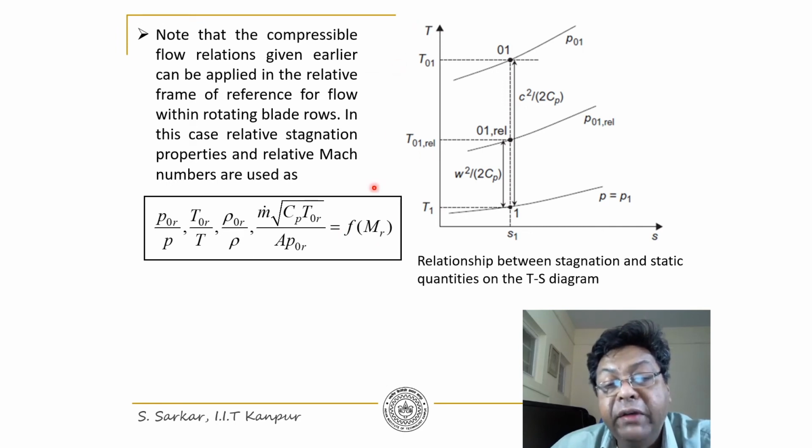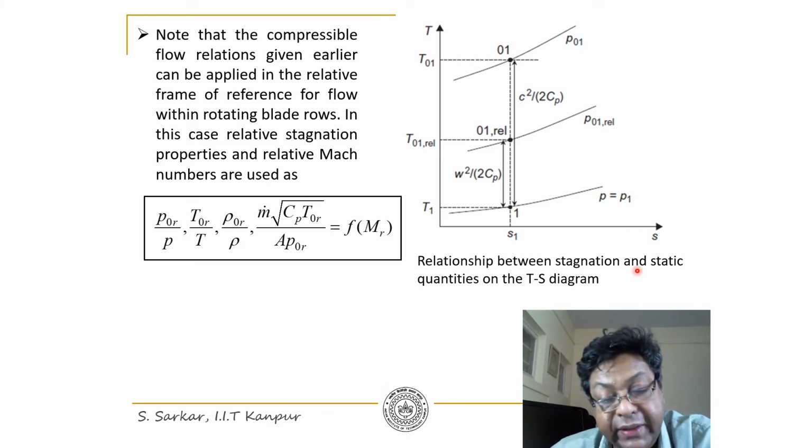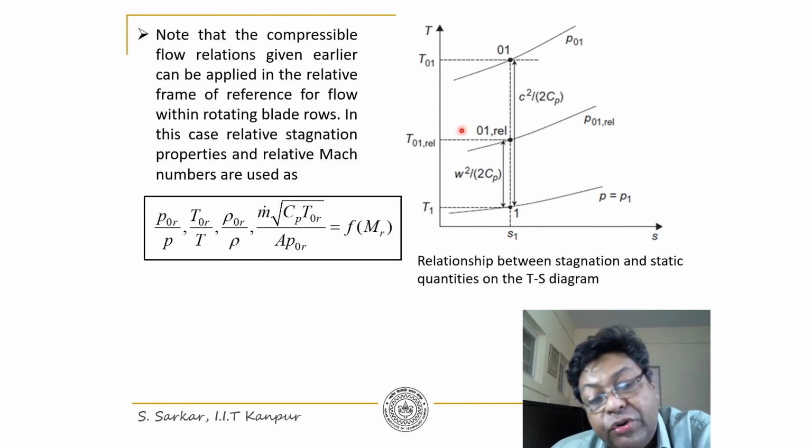Now here I have given a graphical representation of how the total quantity and static quantity can be related. Suppose 1 is the static condition, and 0,1 refers to a total condition.